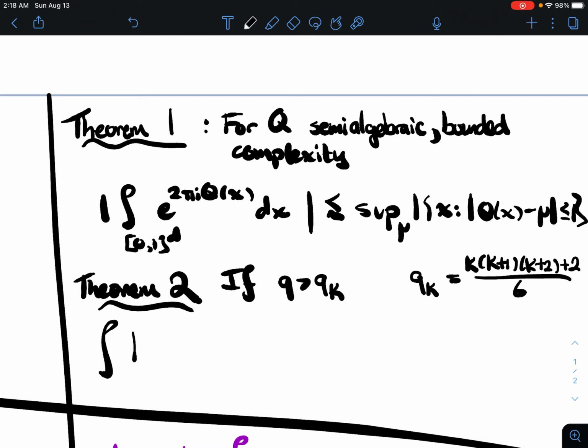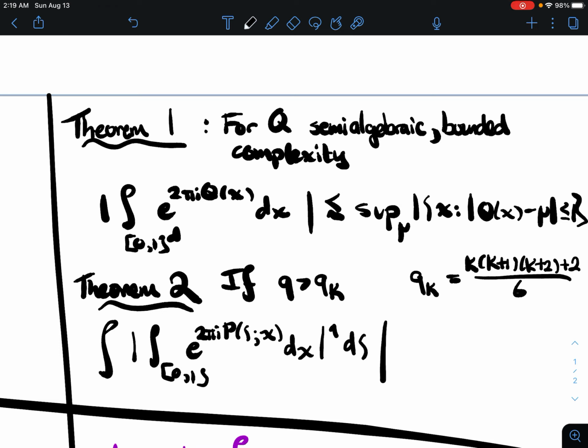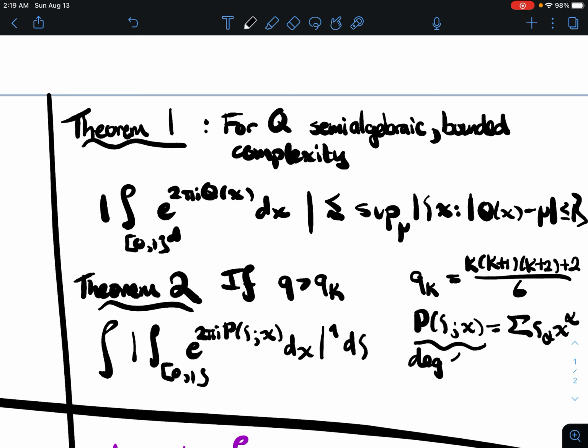Theorem 2 says that if we take the following integral, which is an L^q integral of a family of oscillatory integrals given by this function p, where p is a general degree k polynomial.